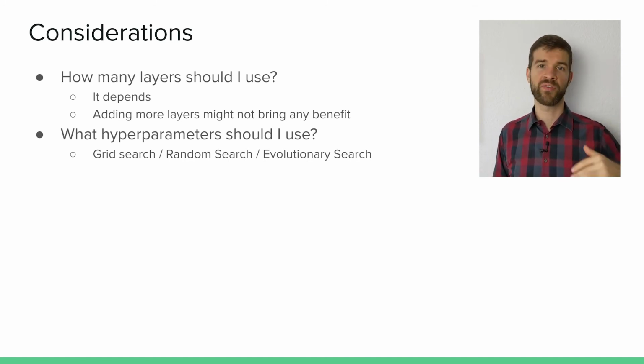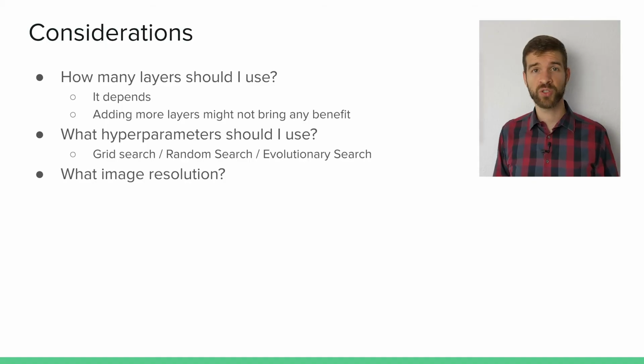And then you also have some other parameters, for example the learning rate, and you just compute each combination of these and see which one performs best. You can also do a random search here, which is actually more efficient than a grid search, or some evolutionary search where you see, okay, this tuning here performed better, so I'm going to follow up on that, but the other one didn't work out so well, so I'm going to ignore that.